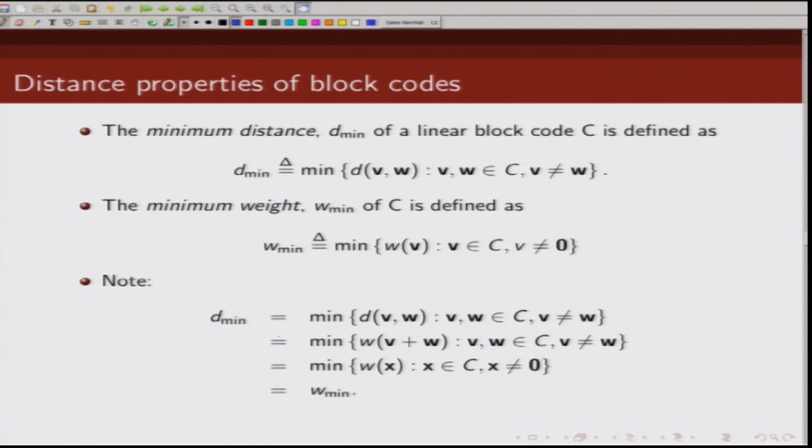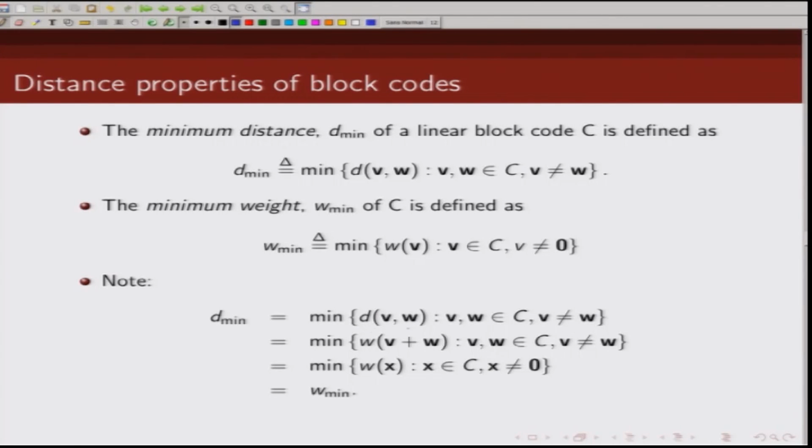So, the minimum distance of a code is defined as the minimum Hamming distance between any two code words v and w belonging to this linear block code C, where v is not the same as w.